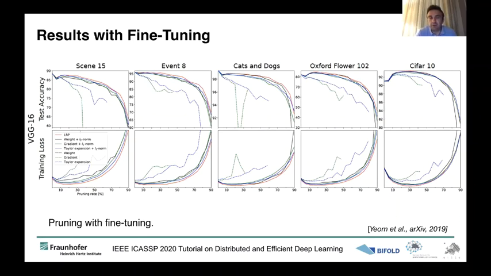But there were not so many differences due to the fine-tuning. Even if the other methods pruned away some element which was important, which should not have been pruned away, in the fine-tuning step you can correct this error.